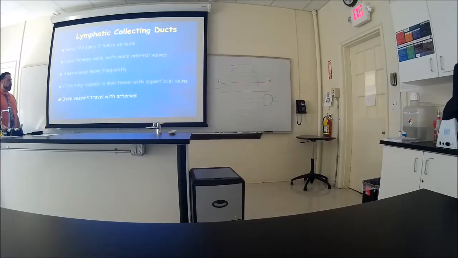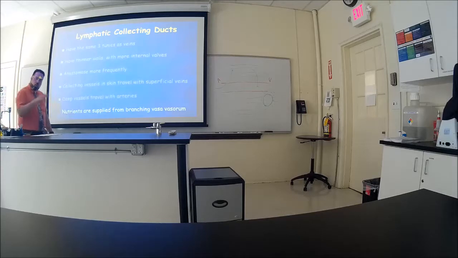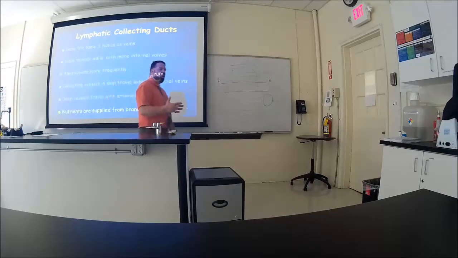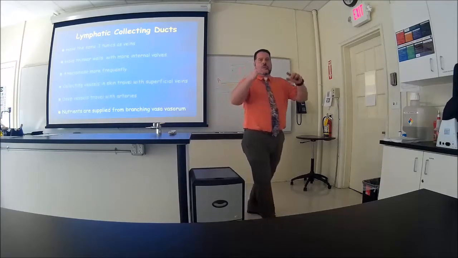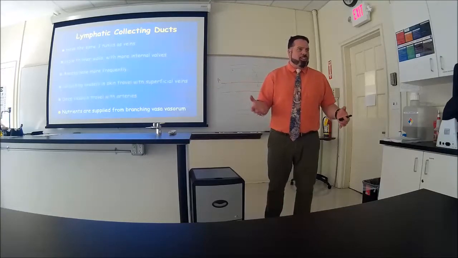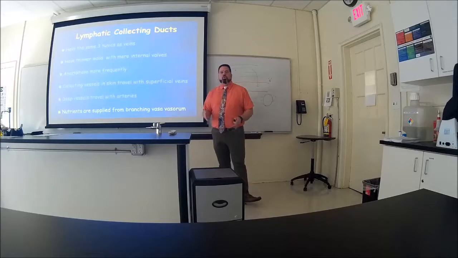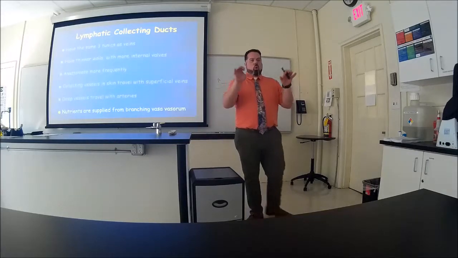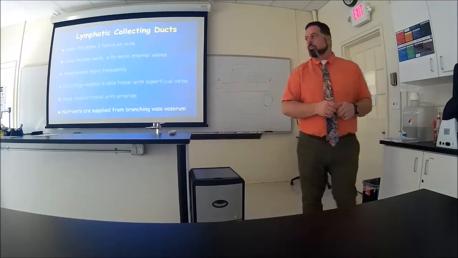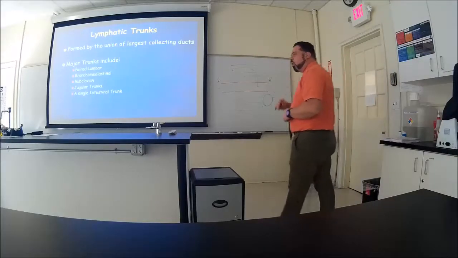Deep vessels travel with arteries, okay? And nutrients are supplied by branching vasa vasorum that we talked about. Remember, vasa vasorum are blood vessels that give blood supply to the walls of blood vessels. In this case, the vasa vasorum is also going to give nutrients and oxygen to the walls of the lymphatics, okay? Just very small blood vessels.